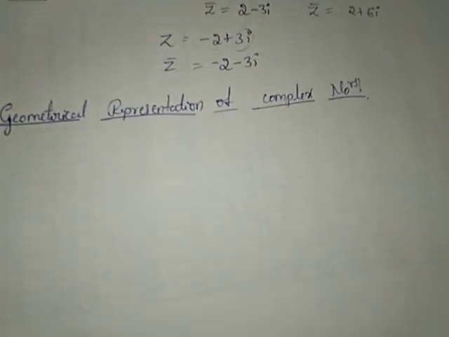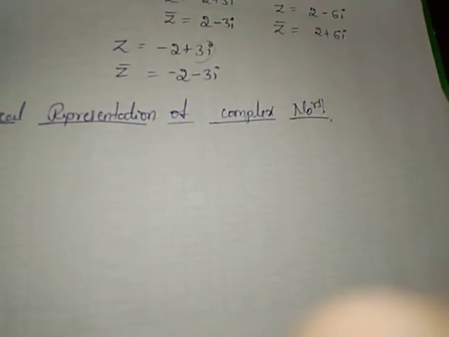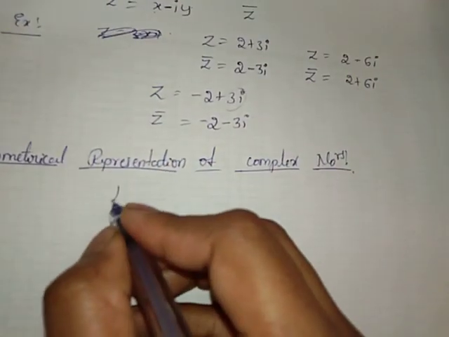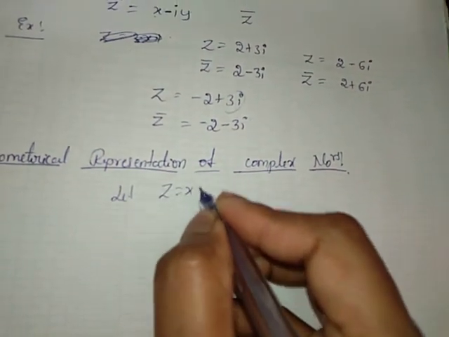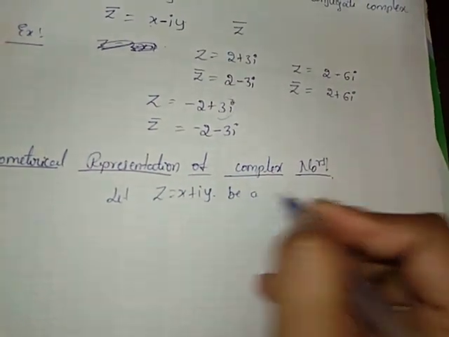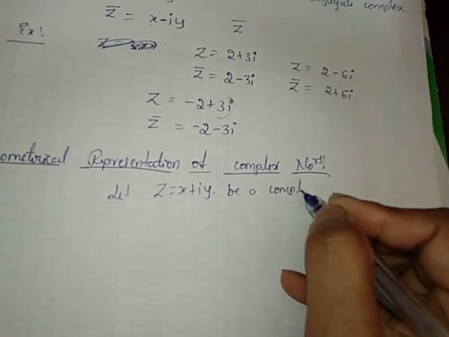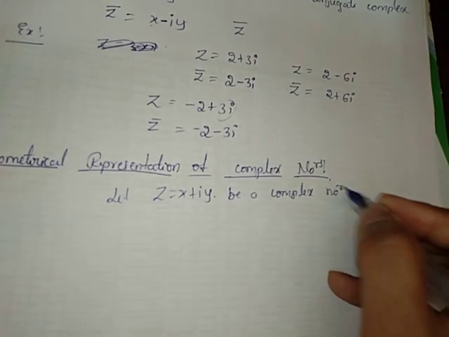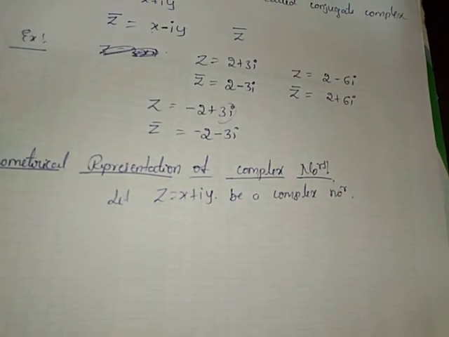Geometrical representation of complex numbers. Suppose z equal to x plus iy is a complex number.